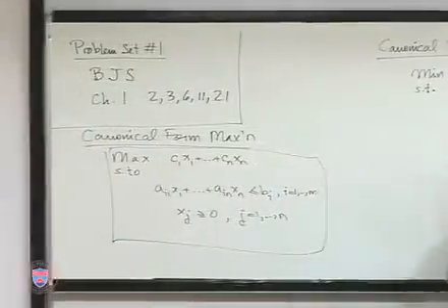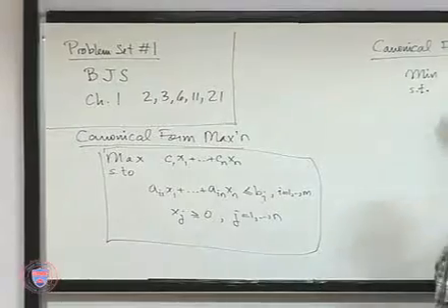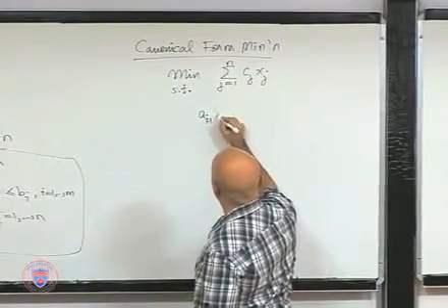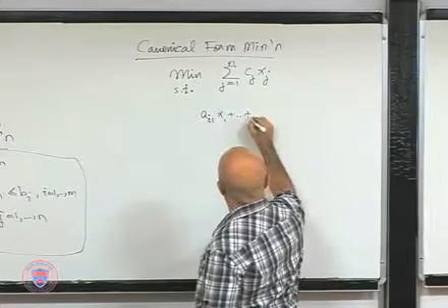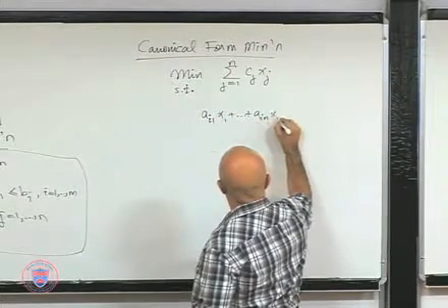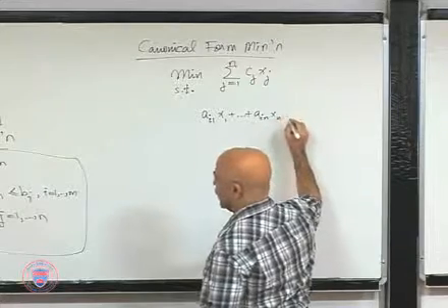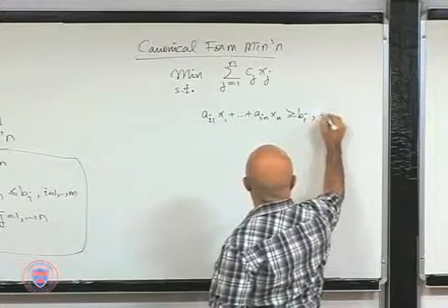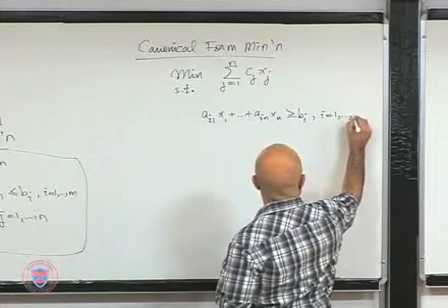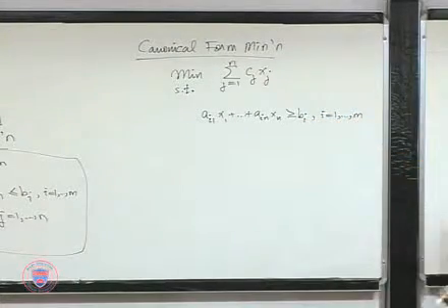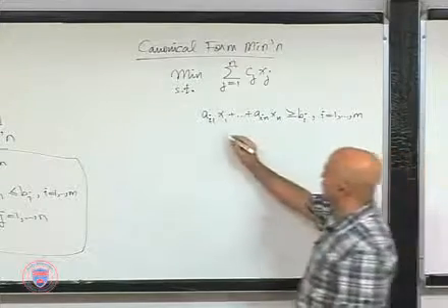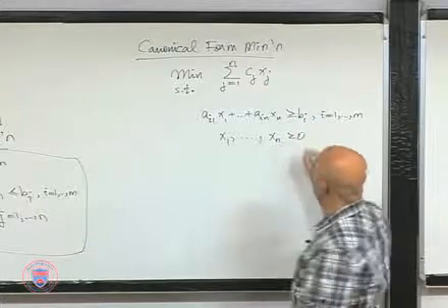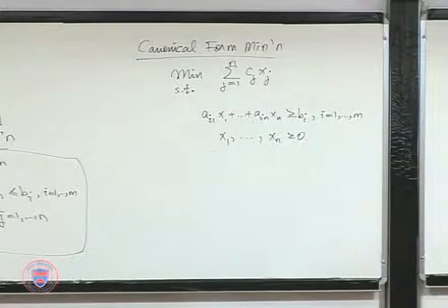The inequalities are reversed. So the ith inequality is going to be ai1 x1 plus up to ain xn greater or equal bi. And the variables are still non-negative. In canonical form, the variables are always non-negative.